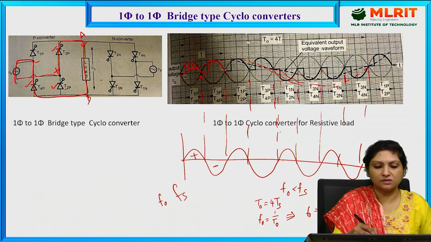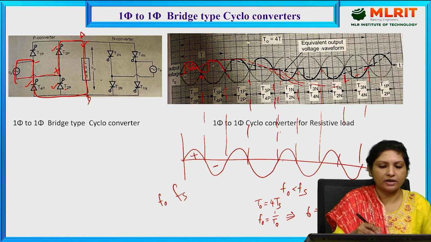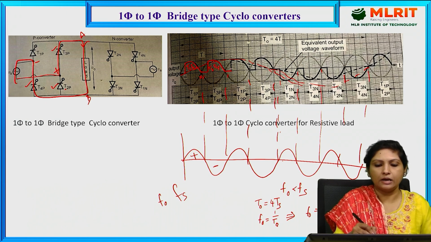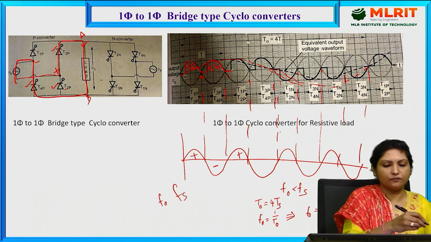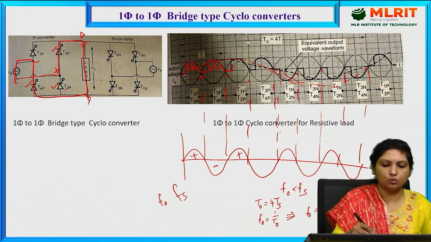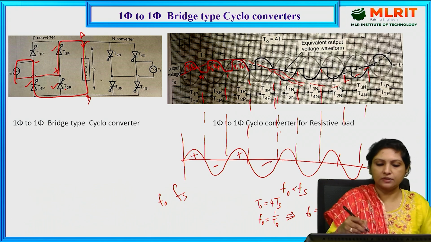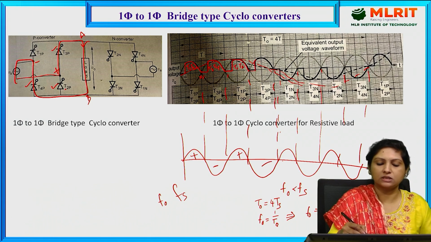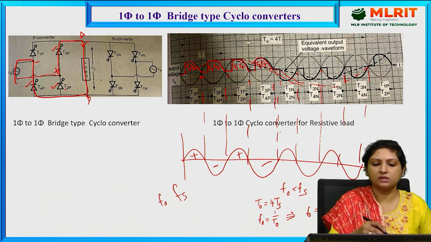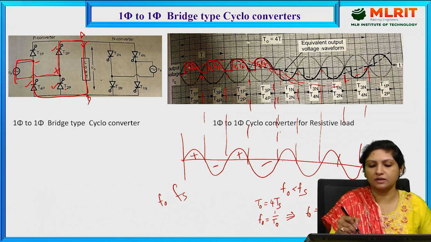It becomes 0 at this instant. T3 and T4 conducted, and it remains 0 for this period. Again during the positive half cycle, we provide the triggering pulse for T1, T2, and during the negative half cycle, for T3, T4. That is how we are getting 4 positive half cycles control.